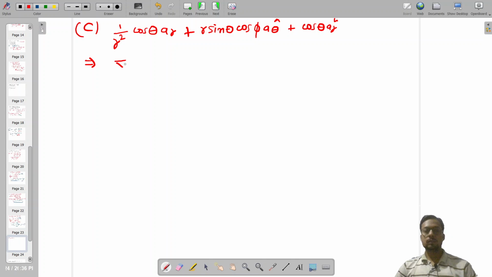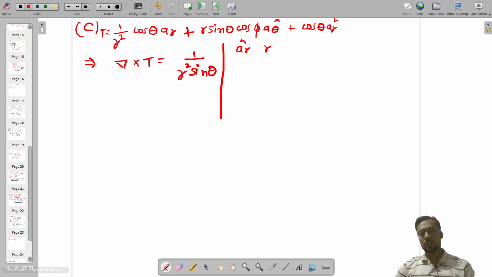So del cross T is equal to 1 upon r square sine theta, a r, r a theta, r square sine theta a phi.